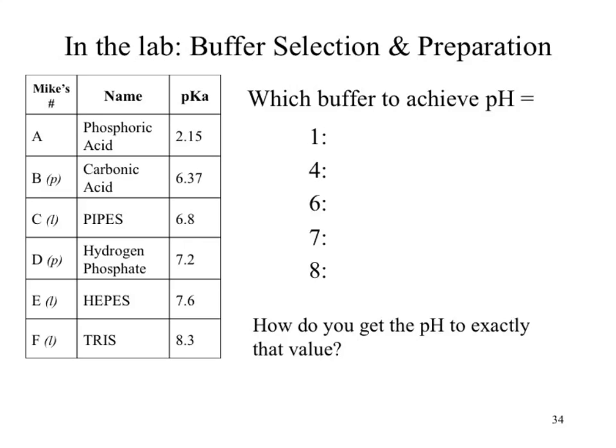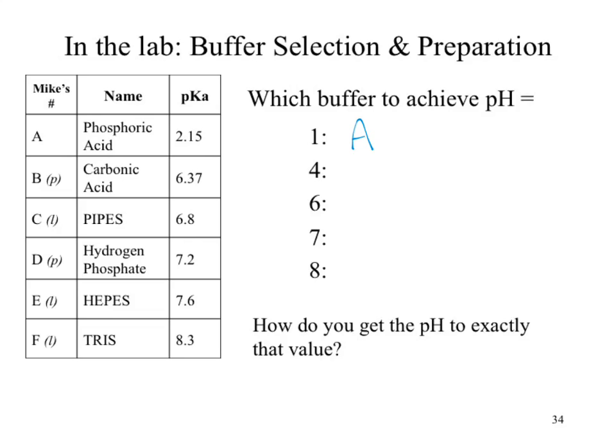What buffer would be the best for a pH of 1? Phosphoric acid, because that gets us closest to that pH value. Okay? To get to a pH value of 1, if I'm using phosphoric acid, how do I get it to a pH value of 1? Because if I just use phosphoric acid and I get it to its equivalence point, I'm going to be at a pH of 2.15.